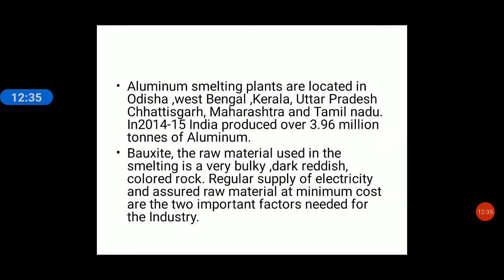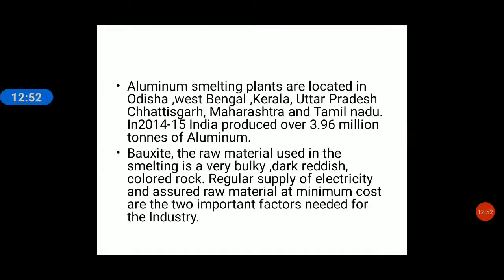So bauxite is the raw material for making aluminium. Now how is bauxite? It is also a very bulky, dark reddish color rock. Yes, for the aluminium smelting industry, what is required?